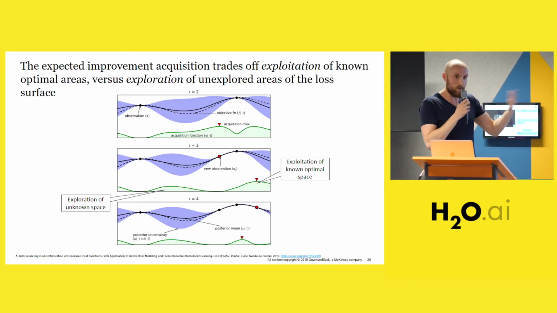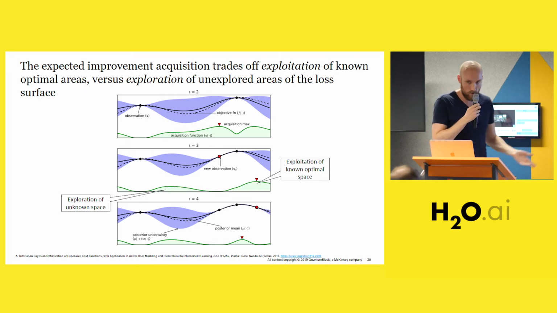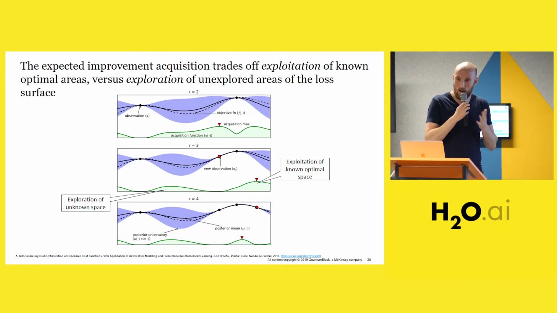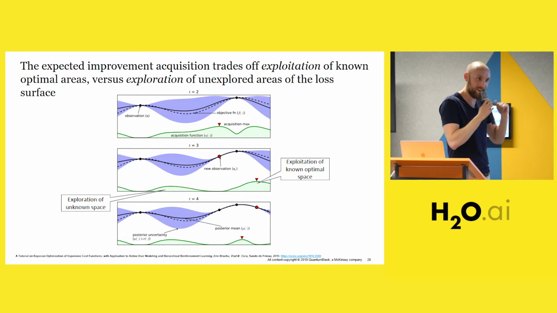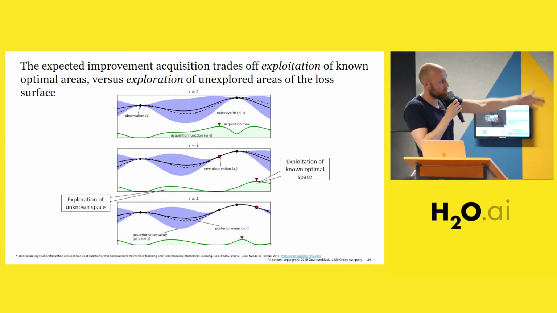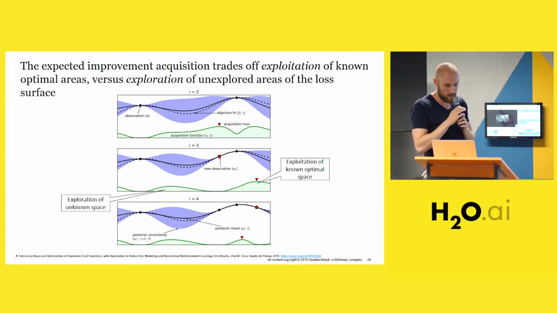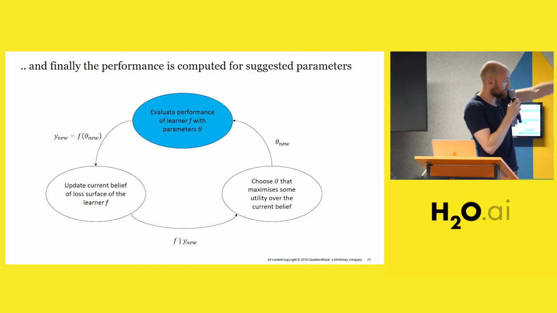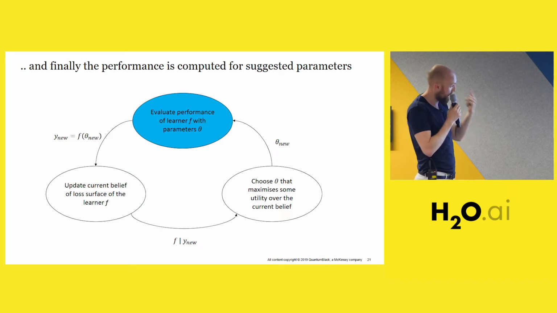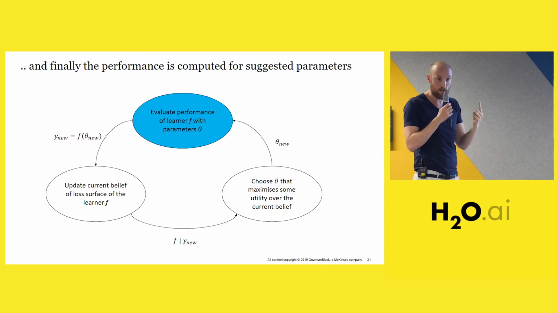Normally when I talk about Bayesian optimization, I would go into much more detail about the Gaussian processes and so on, but I think I will leave that to you for some bedtime reading perhaps. I just wanted to give you an idea of what the algorithm actually does. So coming back to this diagram, think about this Bayesian optimization procedure. It has three main components. We have a probabilistic model of our loss surface.